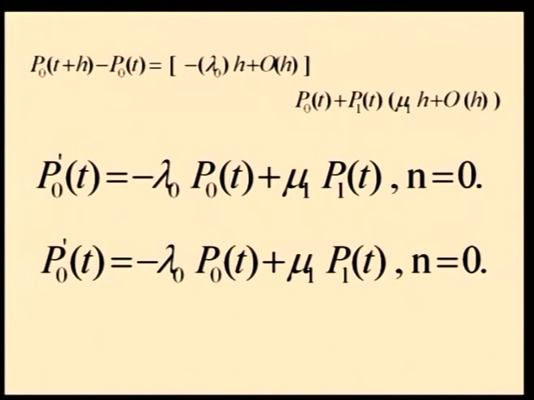The procedure is the same. The whole interval we are interested in is of length t plus h. This interval t plus h is divided into two parts: one is 0 to t, the other one is t to t plus h. So, the previous interval is of length t, the next interval is of length h units of time.